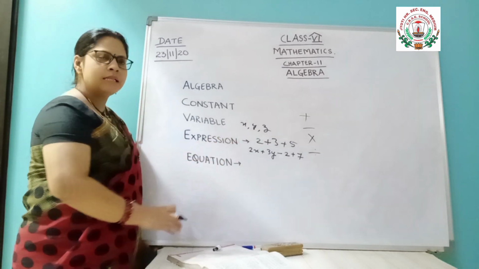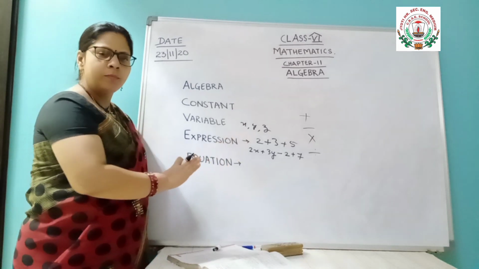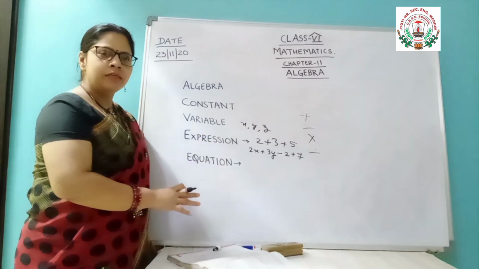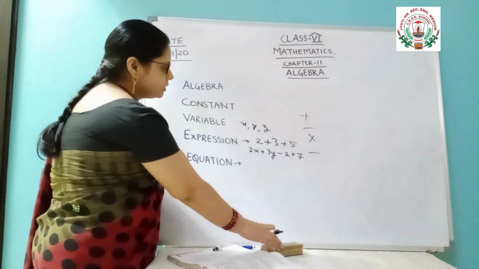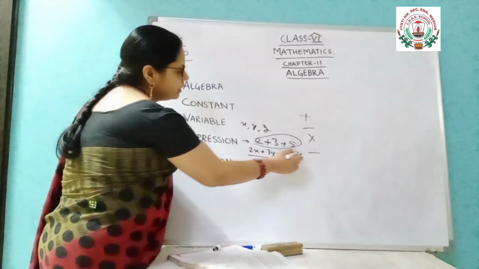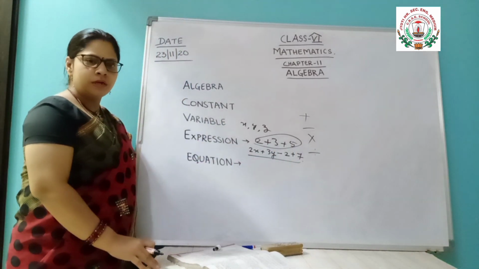These are called algebraic expressions. Expression means connected by more than one operation, with alphabets and numbers both there. So this is called a numerical expression and this is called an algebraic expression. This is the topic about expression.